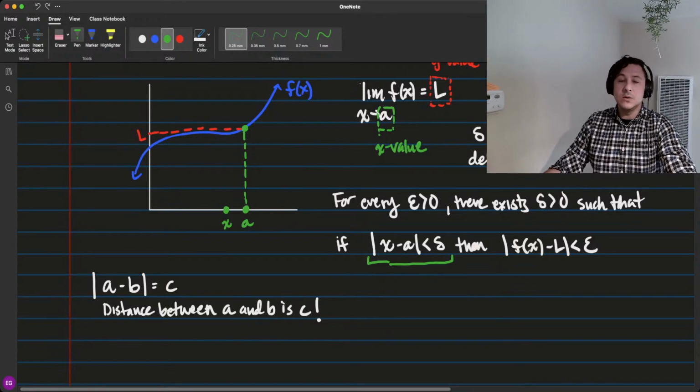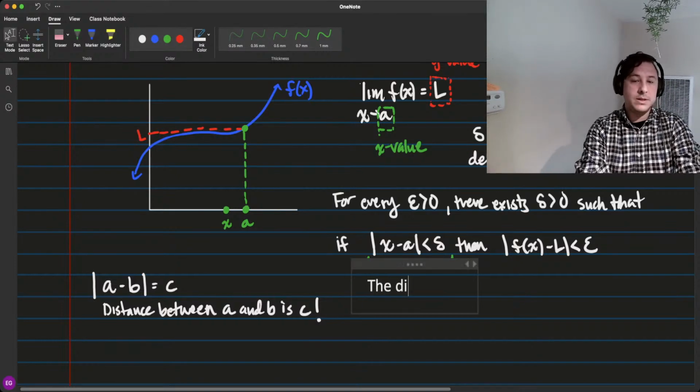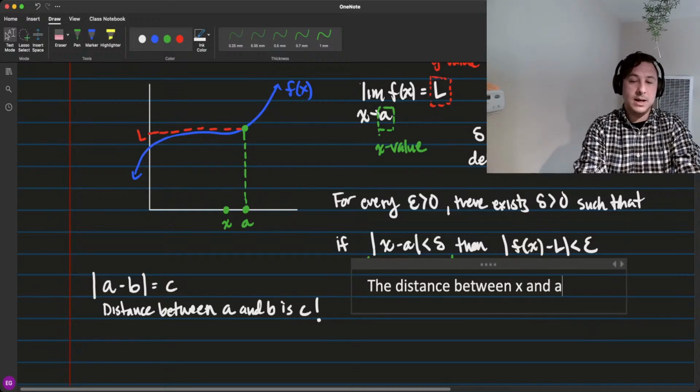Now, instead of saying equal, it's a less than. So we're saying the distance between x and a is less than what? Delta. So that's how you can interpret this statement. The distance between x and a is less than delta.